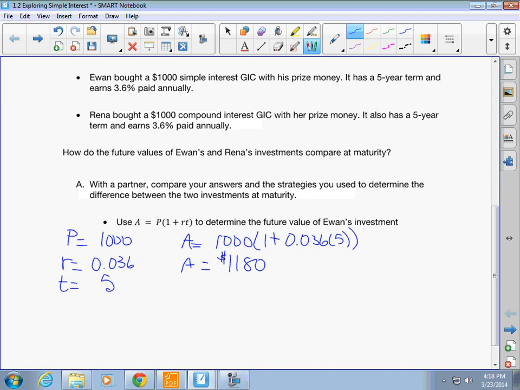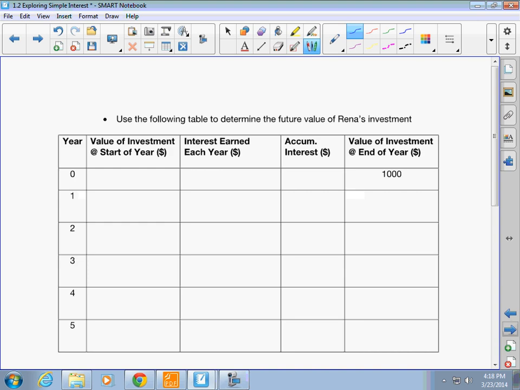For Rena, we're going to use a table of values to find out what her final investment is going to be. She's invested $1,000. That's what she starts at the very beginning. So the value of her investment at the start of year 1 will be $1,000. At the end of that year, she's going to earn her interest.